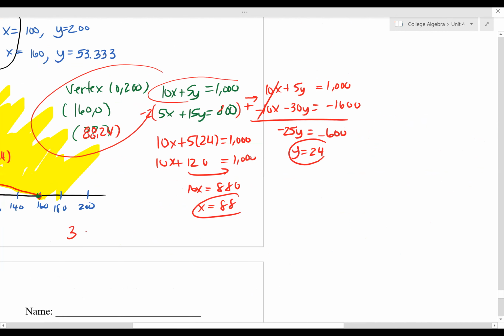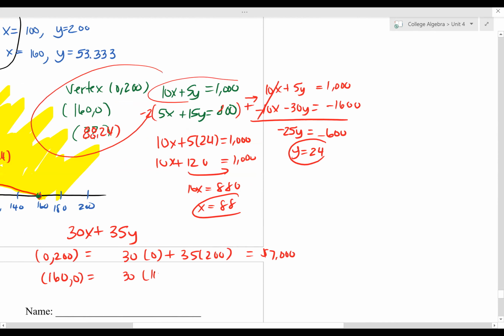So we test the vertex 0, 200. 30 times 0 plus 35 times 200 is a cost of $7,000. And then we have 160, 0. 30 times 160 plus 35 times 0 gives us a cost of 4,800.